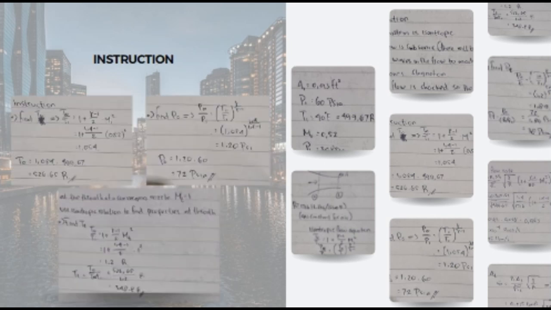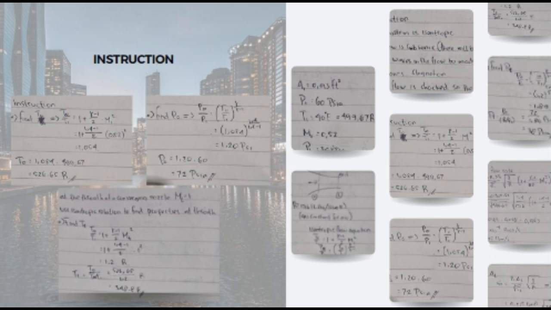So the idealization of this problem is that we assume that the system is isentropic, the flow is subsonic. So the subsonic means there will be no shock wave in the flow to modify the flow stagnation, and the flow is choked. So the Mach number at the throat is 1.